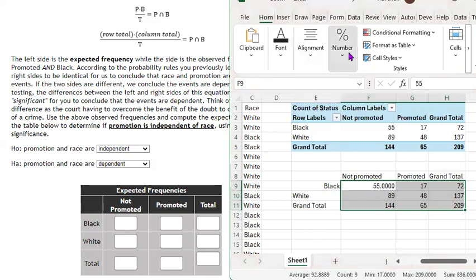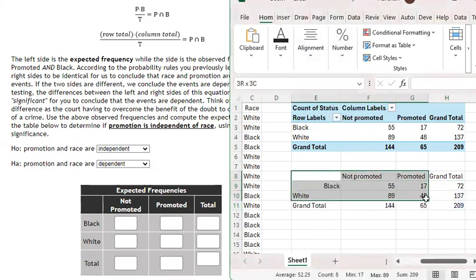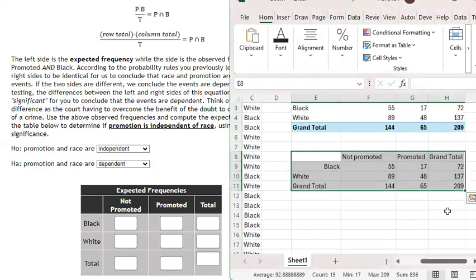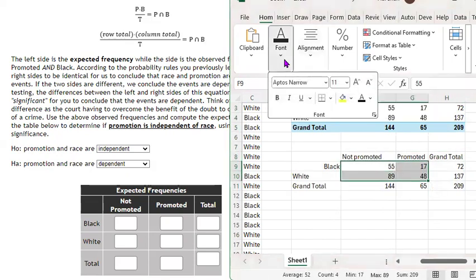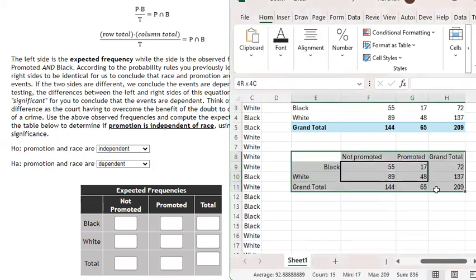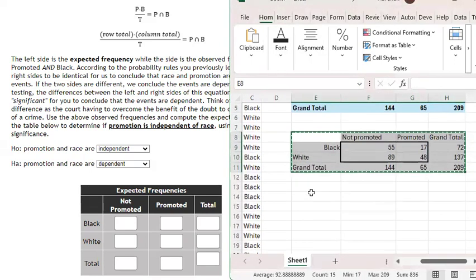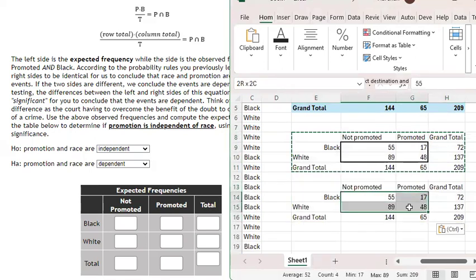I'm going to reduce the number of decimal places to 0. Okay, so these are my observed frequencies, right? I'm going to put them in a box. I'm going to copy this and make a copy of it down here, right? I'm going to delete the values inside.